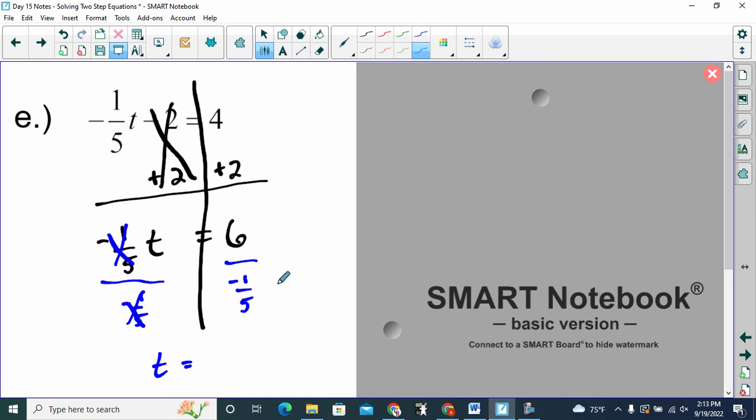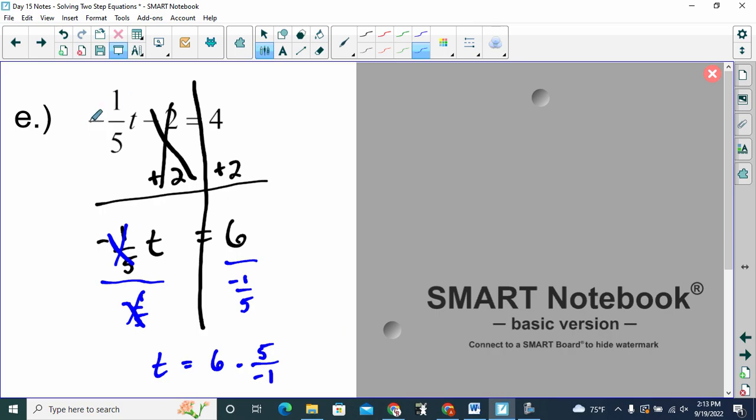And we've been working the last couple class periods on adding, subtracting, multiplying, and in this case, dividing fractions. 6 divided by negative 1/5, we keep, change from division to multiplication, flip, instead of negative 1 over 5, it is now 5 divided by negative 1.